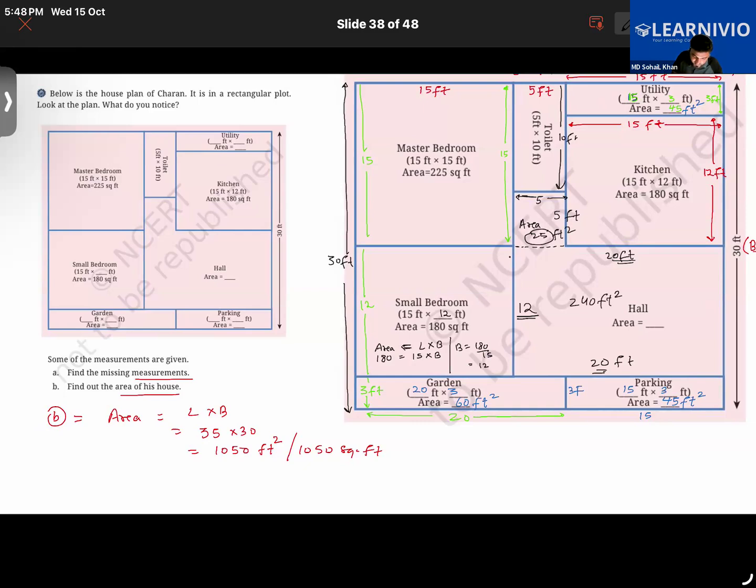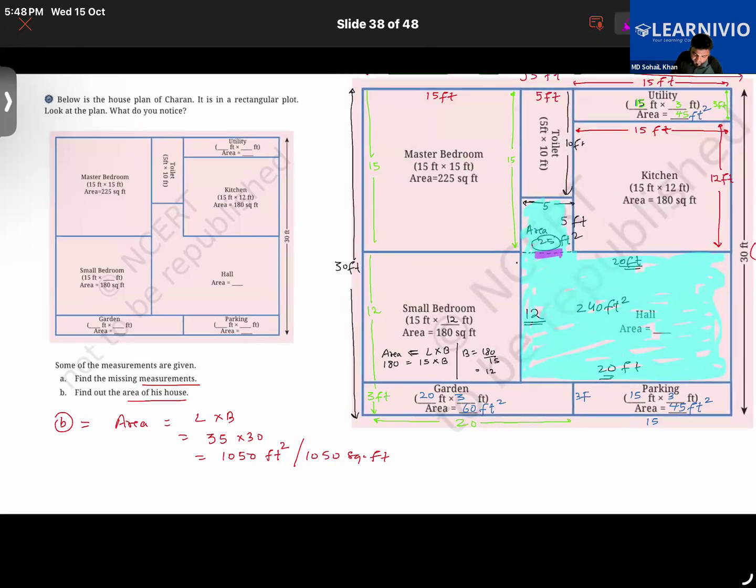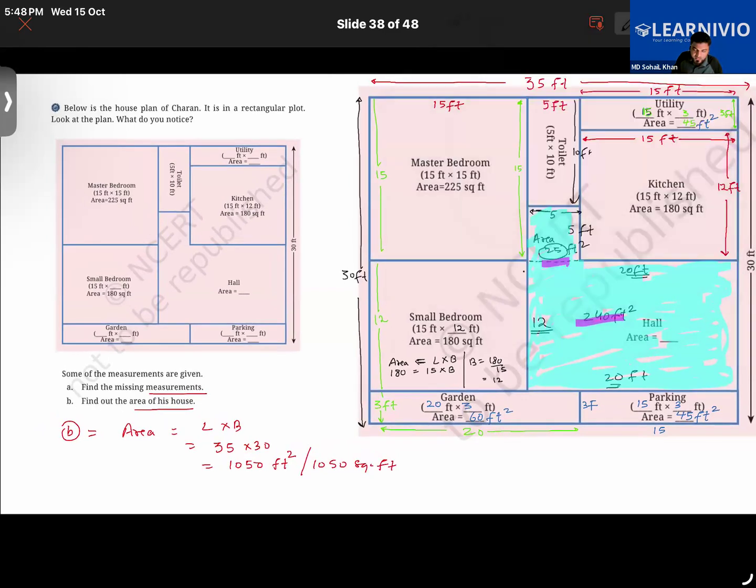Since we see that the shape is actually like that, this is the entire area of the hall. So we need to add 25 and 240. So 240 plus 25 square feet will be how much? We need to add this and this. No, no, add it properly.